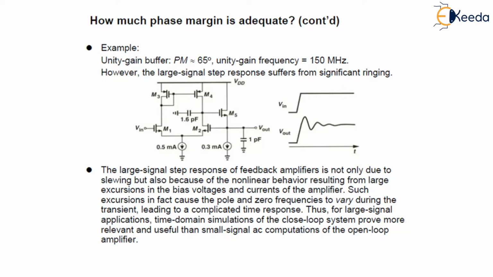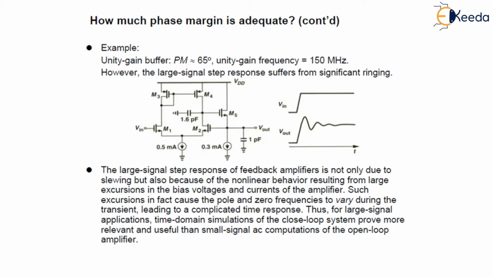With the choice of the device dimensions, bias current and capacitor value shown over here, SPICE yields a phase margin of approximately 65 degrees and a unity gain frequency of 150 MHz.